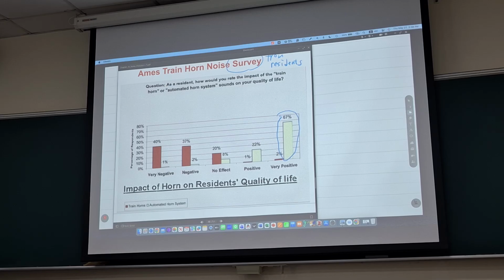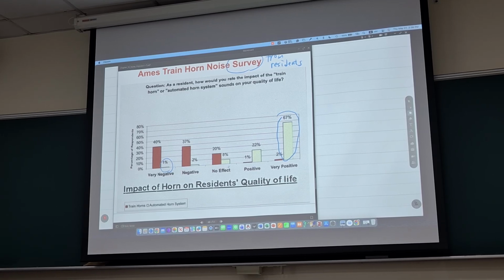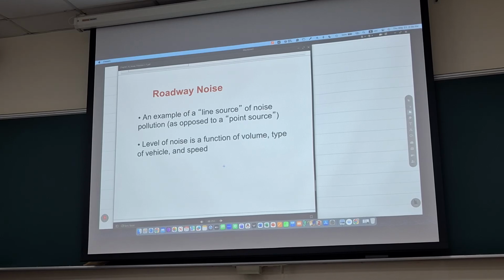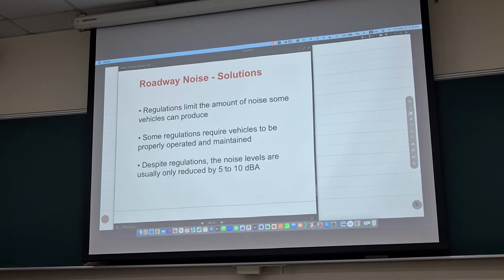Okay, but still 1% think this is negative. I don't know the reason. Okay, and 6% think this is no effect. Okay, so I will ask you.